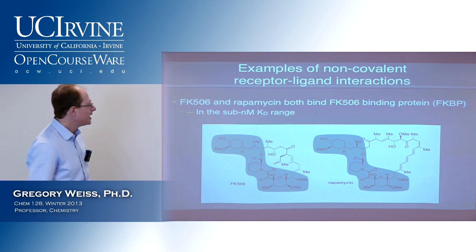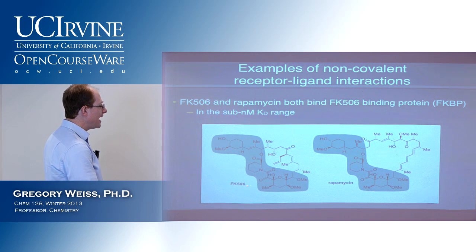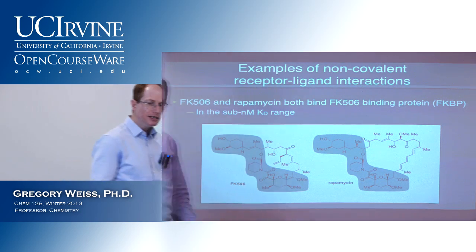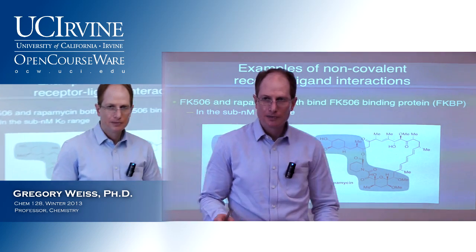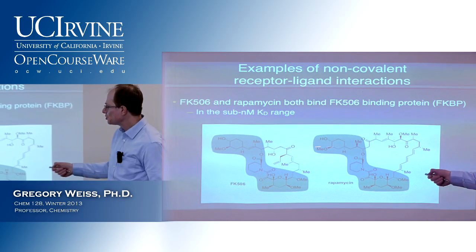What we would see is something like this, where in blue, this is the region of the small molecule that's bound by FKBP. Okay, so again, on the left is FK506, on the right is rapamycin. Notice some similarities here. Notice that in blue, these largely have the same structures.